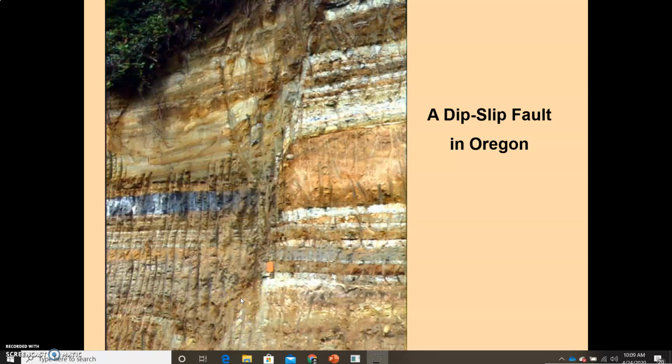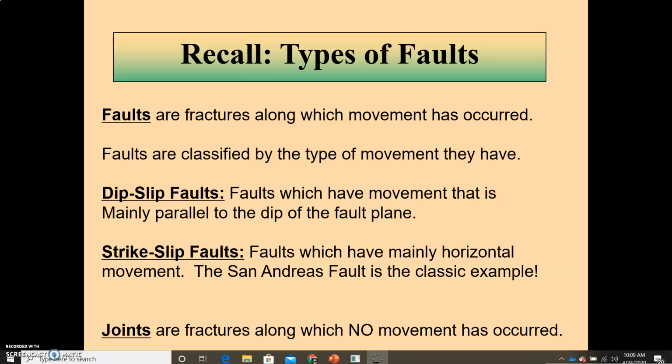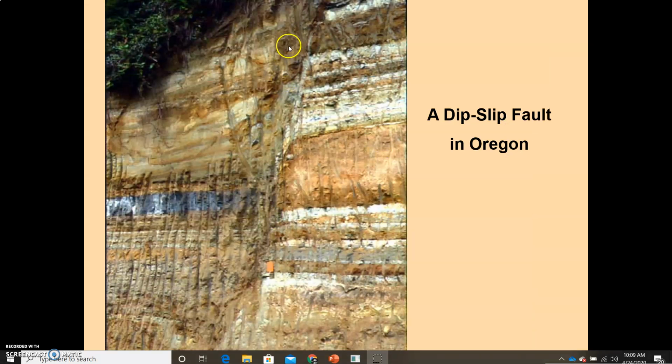Let's go back and look at the dip slip fault. So the dip slip faults have movement that is mainly parallel to the fault plane. So if we go back here, here is the fault plane, and movement has occurred along this fault plane.